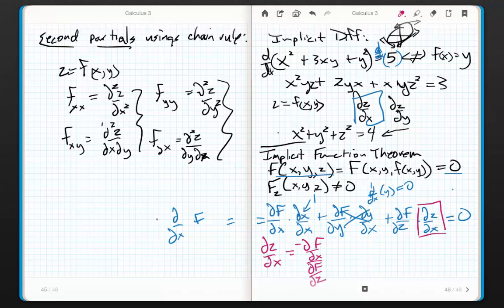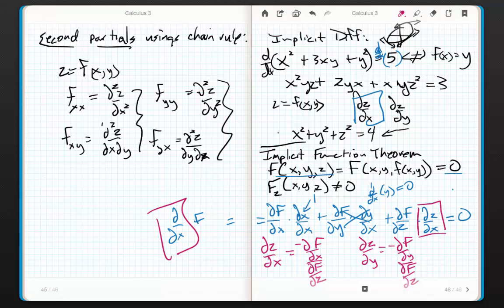Now, if I do exactly the same process, but instead of differentiating with respect to x, I do it with respect to y, well, I'll get a df over dy, df over dy, df over dz. This guy will turn into 0, this guy will turn into 1, and in a puff of algebra, I will get negative partial with respect to y over partial with respect to z.